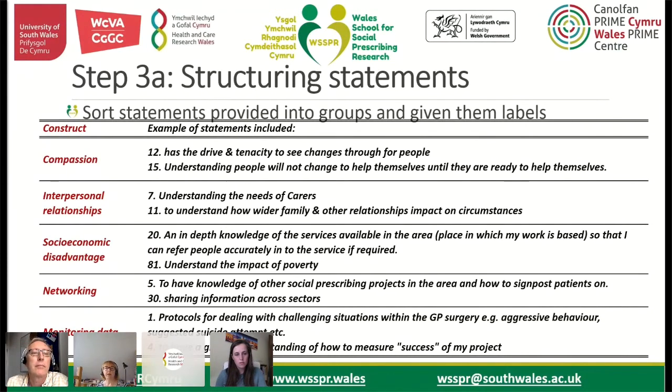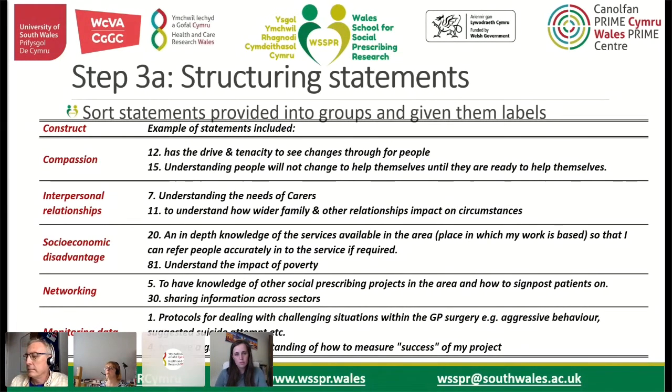So in the paper that we wrote and in the study that we completed, the statements were then structured into 5 constructs: compassion, interpersonal relationships, socioeconomic disadvantage, networking, and monitoring data.